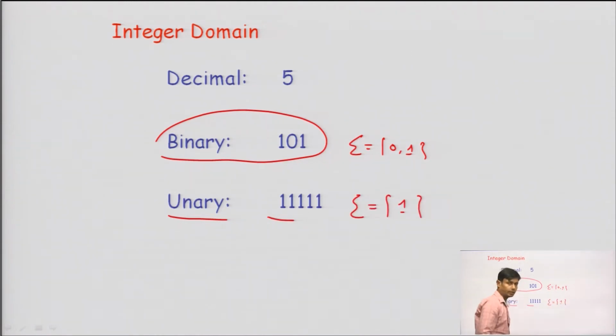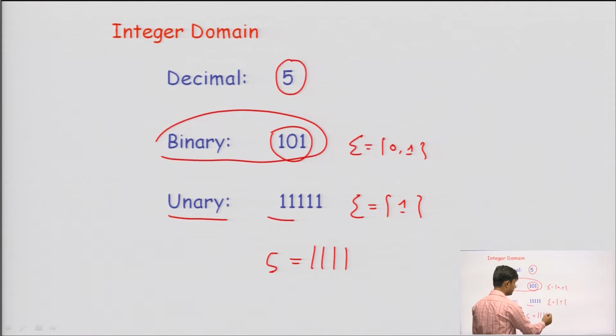While doing some computing function, as per your requirement, you can take the binary input alphabet or the unary input alphabet. See this 5, it is a decimal value. If we take binary, this is 101. If we take unary, 5 is 1 1 1 1 1, it is a count of how many 1s there are, this is 5.